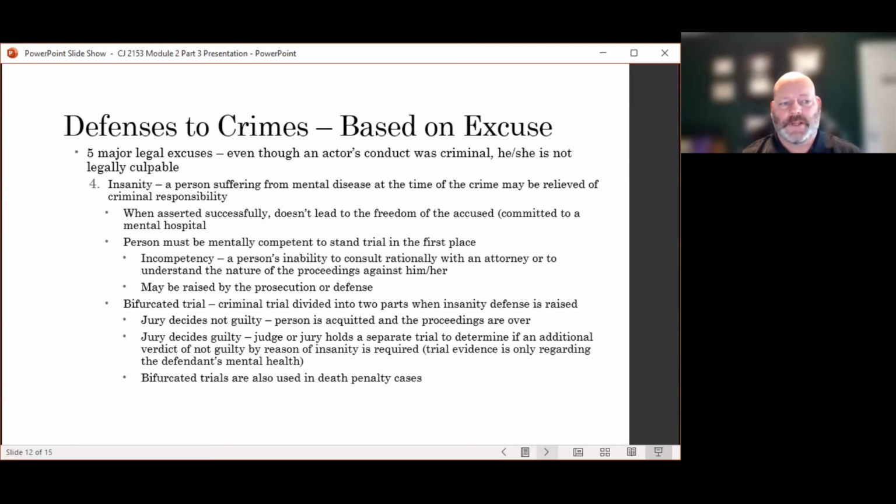Another way is a jury can decide that a person is guilty. The judge or jury holds a separate trial to determine if an additional verdict of not guilty by reason of insanity is required. In this bifurcated trial, evidence is only regarding the defendant's mental health. Bifurcated trials are also used in death penalty cases.